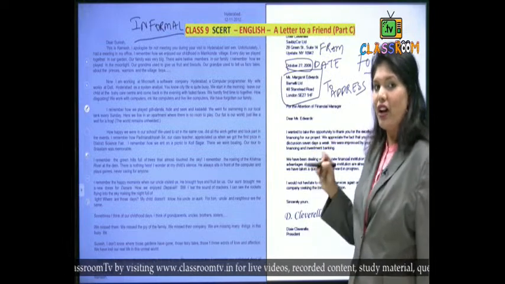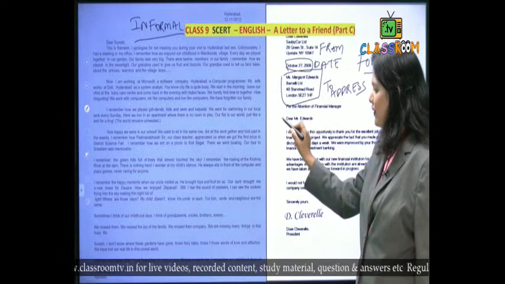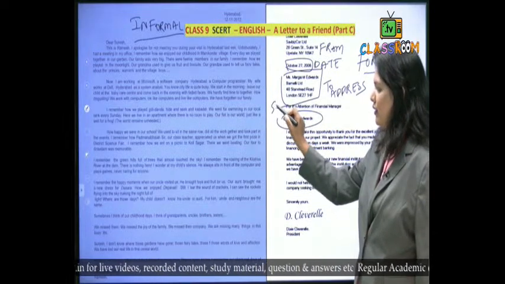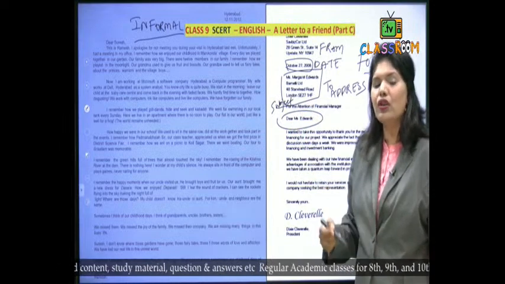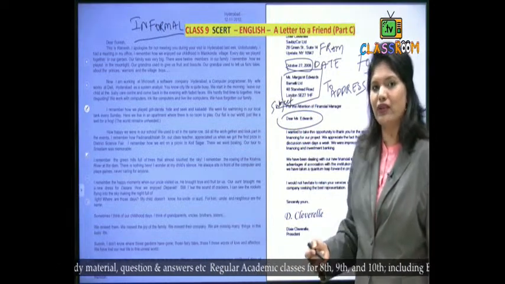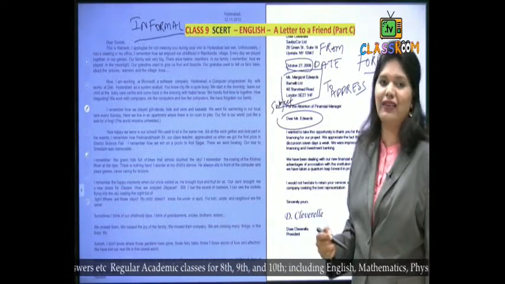From, date and to. And then we have the subject. Subject means what are you writing about? What is the letter about? That is the subject, very, very important in a formal letter.